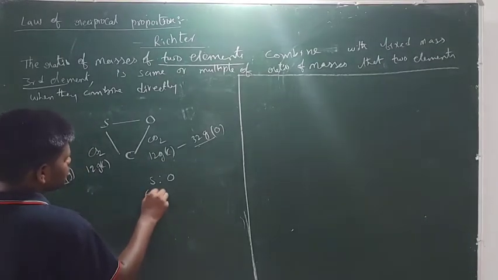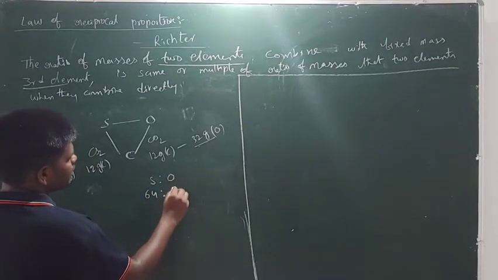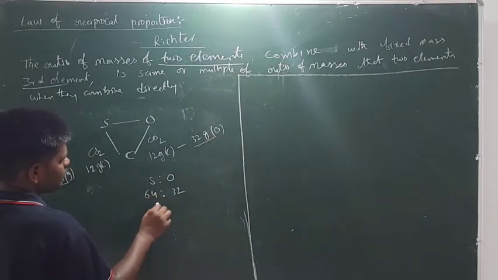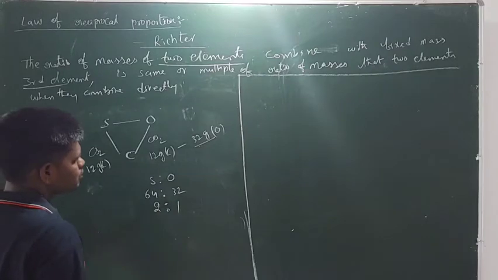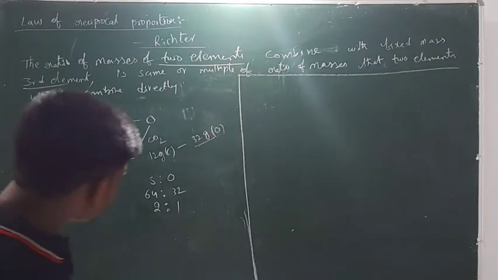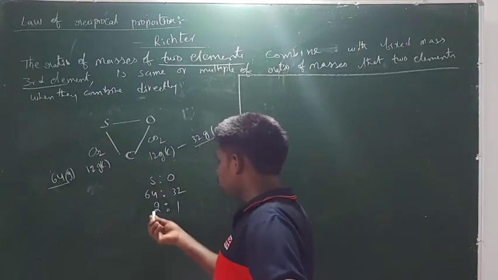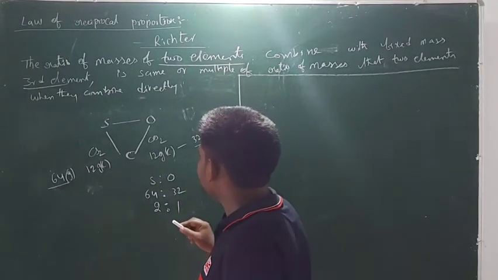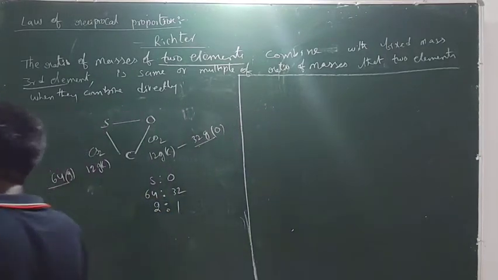Sulfur mass is 64 to oxygen mass 32. In this, the 32 cancels, so you get 2 is to 1. So sulfur and oxygen are in the 2 is to 1 ratio of their mass combining with the fixed mass of the carbon.